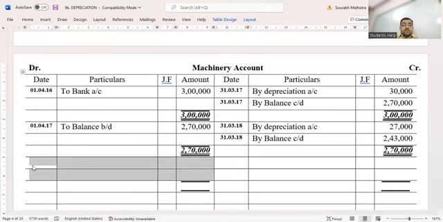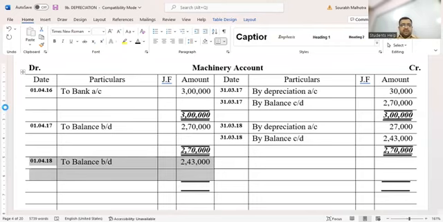So carried down 243, children, brought down will also be what? 243. Did you understand the difference? Did you understand the similarity? First year remains same irrespective it is straight line method or written down value method. Difference would start from the second year. Logic understood well?